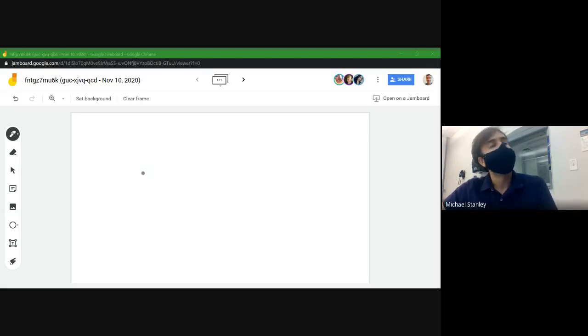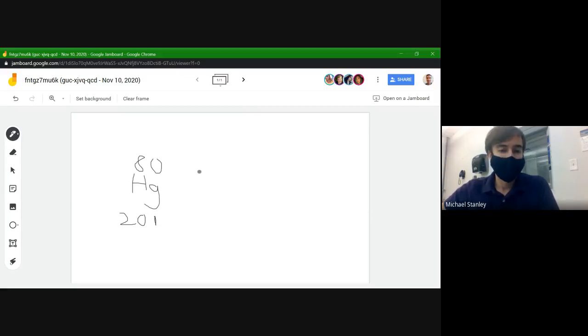So Mercury, which is one of those kind of weird atoms because its name is Mercury, but its symbol is Hg. Mercury has an atomic number of 80 and an atomic mass of 201. So let's use this information to figure out Mercury's protons, neutrons, and electrons.